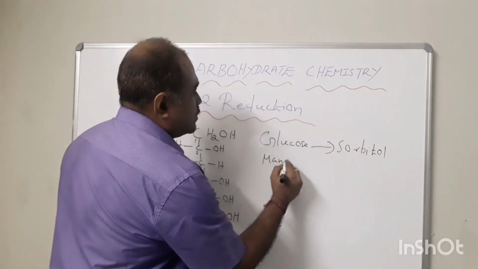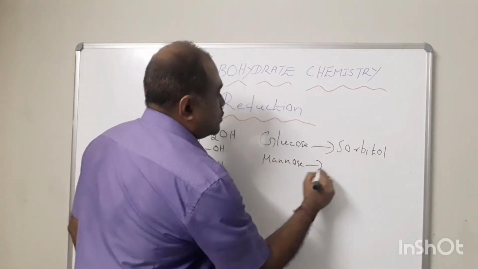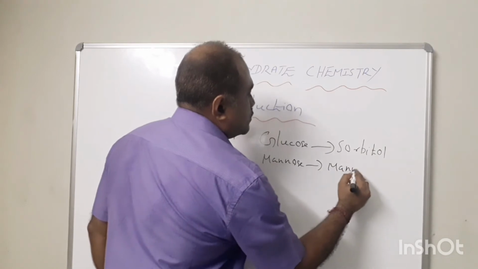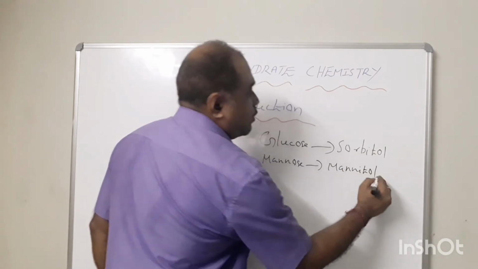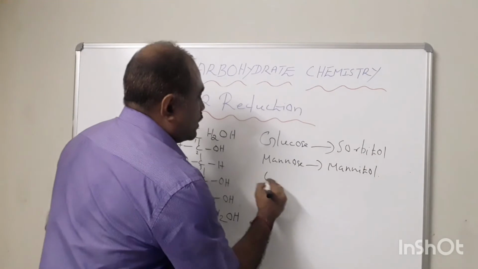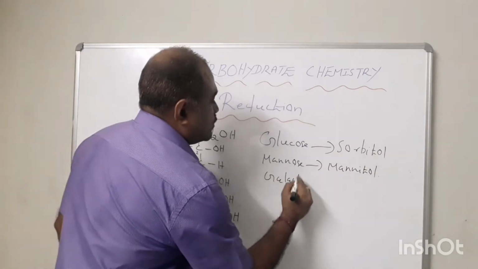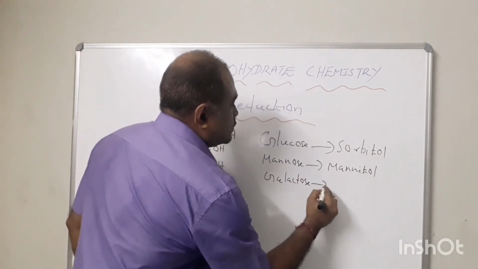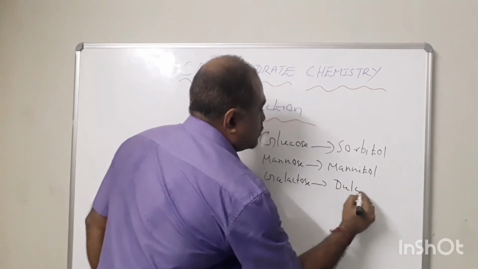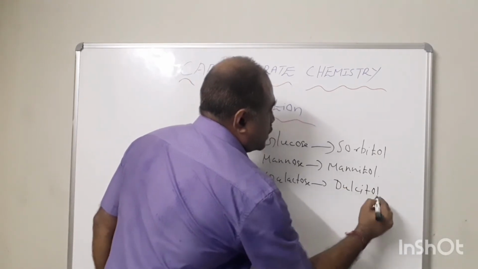Mannose undergoes reduction to give mannitol. Galactose undergoes reduction to give dulcitol.